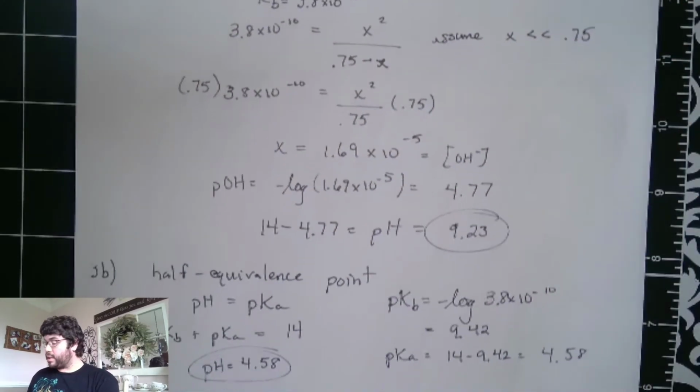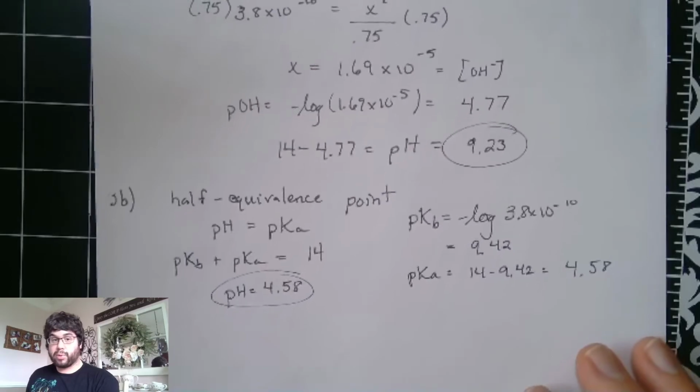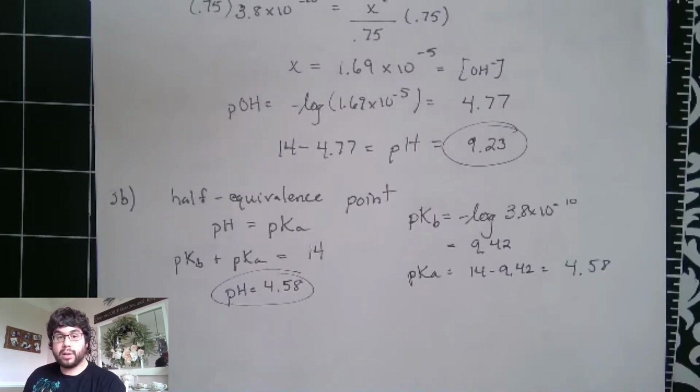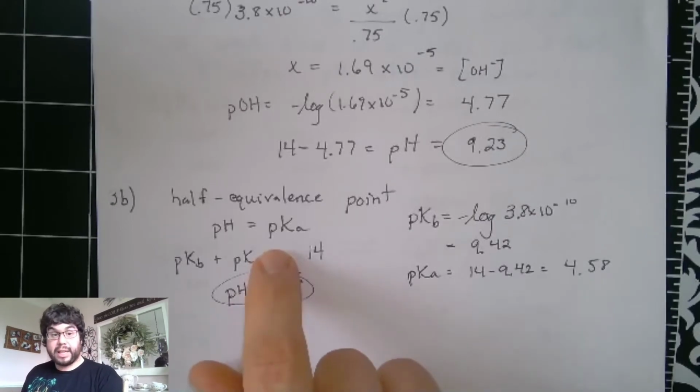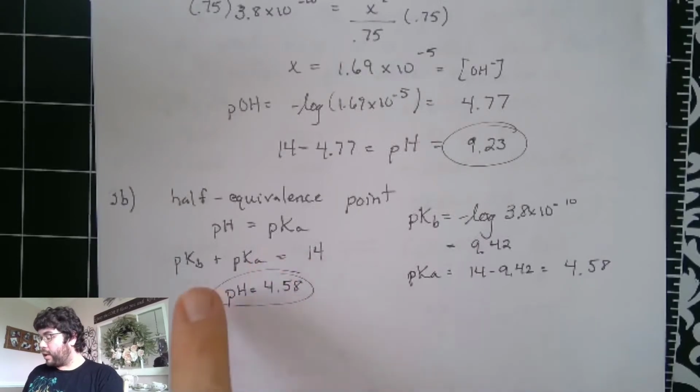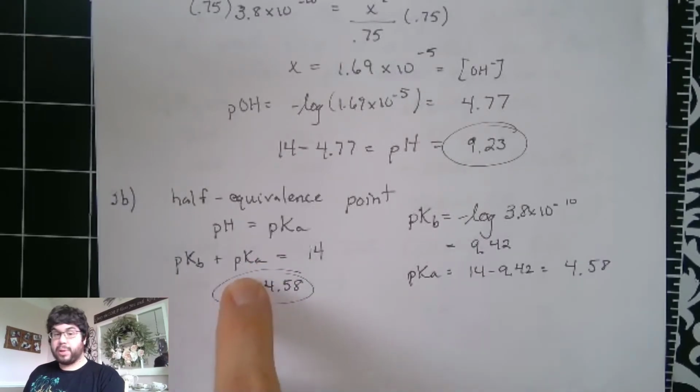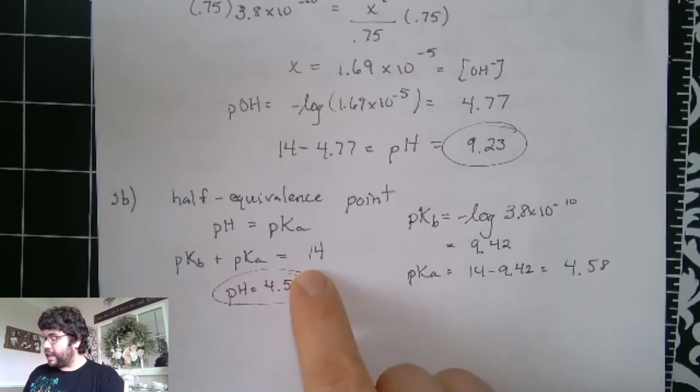The next question is, what is the pH at the half equivalence point? The pH at the half equivalence point is always equal to the pKa of that solution. So we need to find the pKa of aniline. Well, remember that the pKb plus the pKa of a solution is equal to 14.